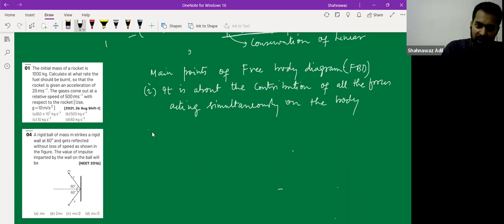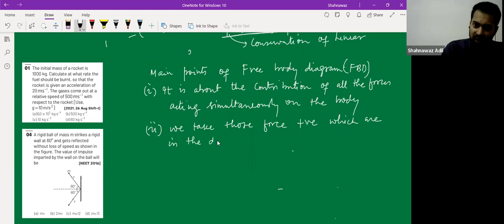And the second point is that we take those forces positive which are in the direction of acceleration, right?